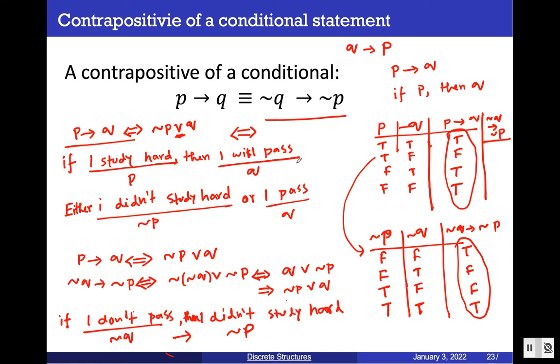If I pass, there could be a lot of other reasons that I have passed. But this statement says that if I study hard, then I will pass. Now if I don't pass, there is a reason that I didn't study hard. But if I pass, it doesn't necessarily mean that I have studied hard. So they are not the same, but P implies Q means that not Q implies not P, and they are logically equivalent.